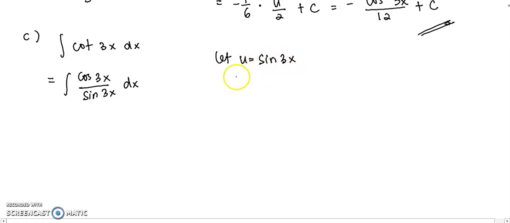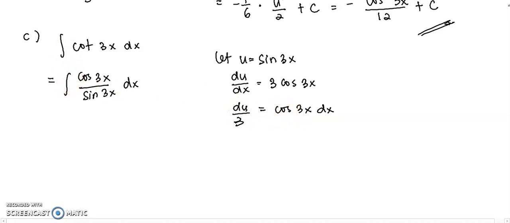Once you set your u, you must find your du dx. du dx equals 3 cos 3x. Bringing the dx to the right, I have cos 3x dx equals du over 3.